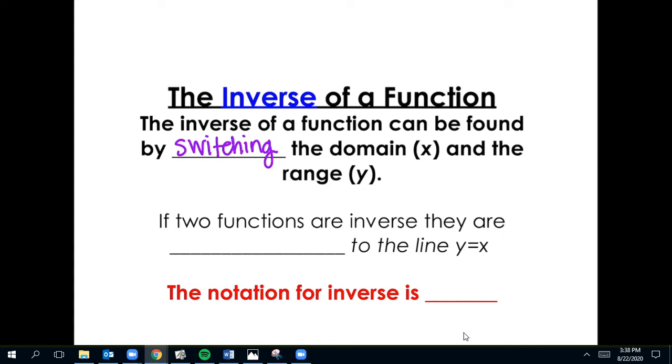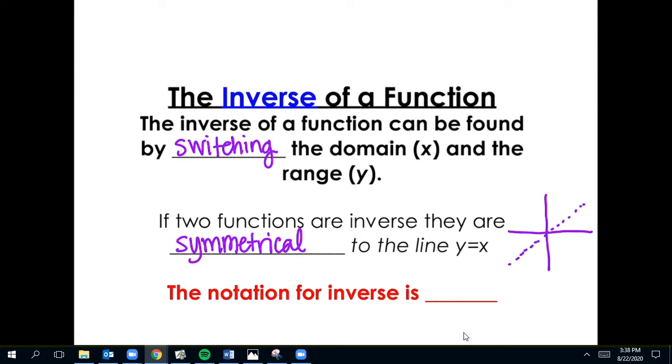So if two functions are inverses, then they will be symmetrical to the line y equals x. I'll show you a quick picture of what that would look like. Here's the line y equals x.